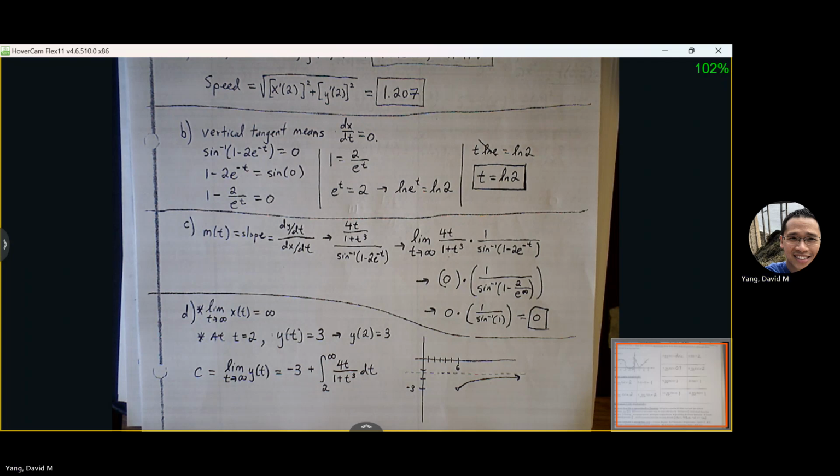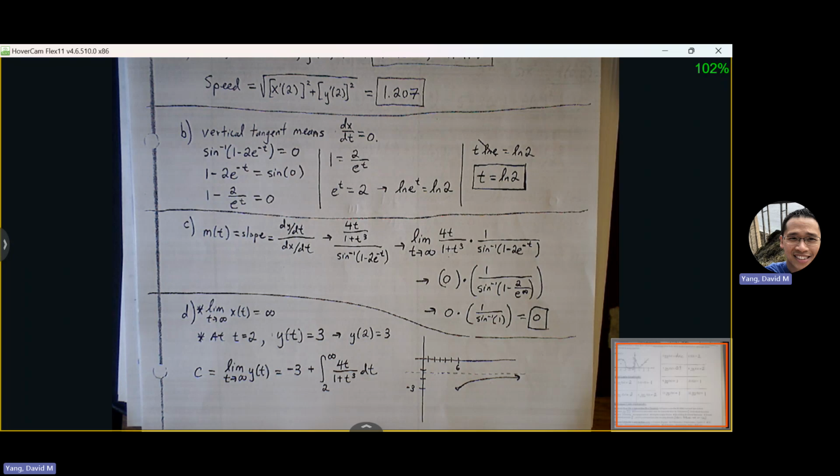Part B. We know that our dy dt is going to have an impact in terms of how high the graph is going to rise.